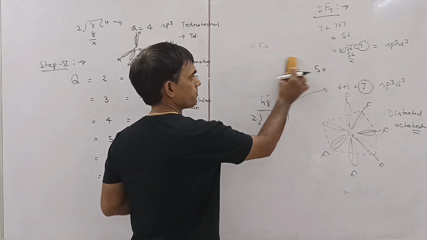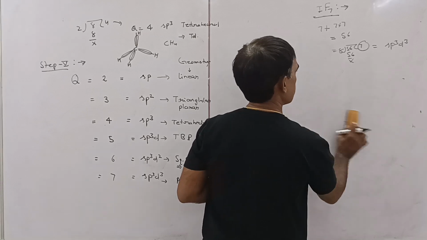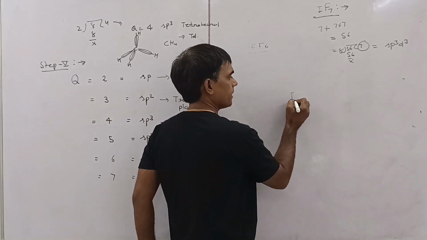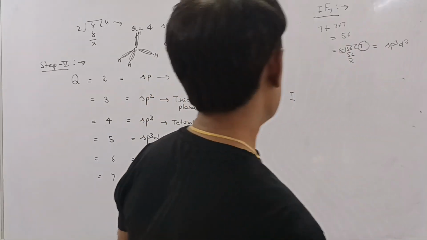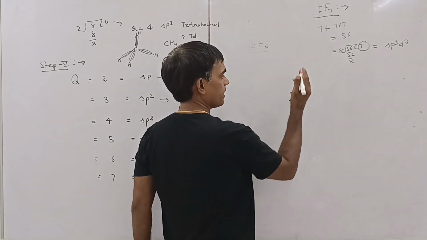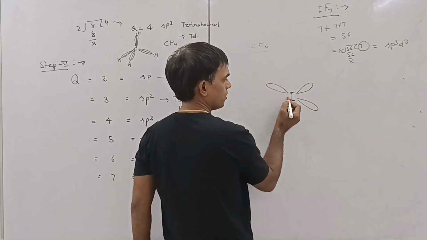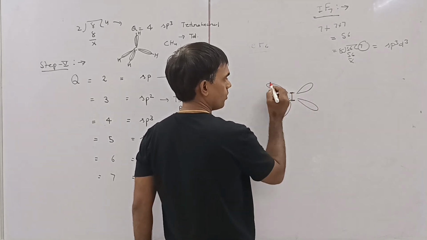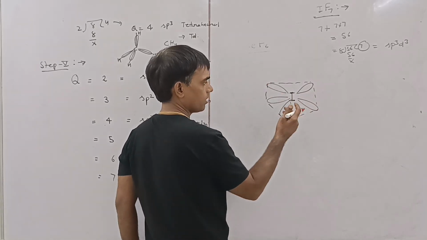Now you form the geometry first with the help of the central atom. This is the central atom. Now 7 hybrid orbitals: 1, 2, 3, 4 and 5, all these are in one plane, so it is a pentagon.